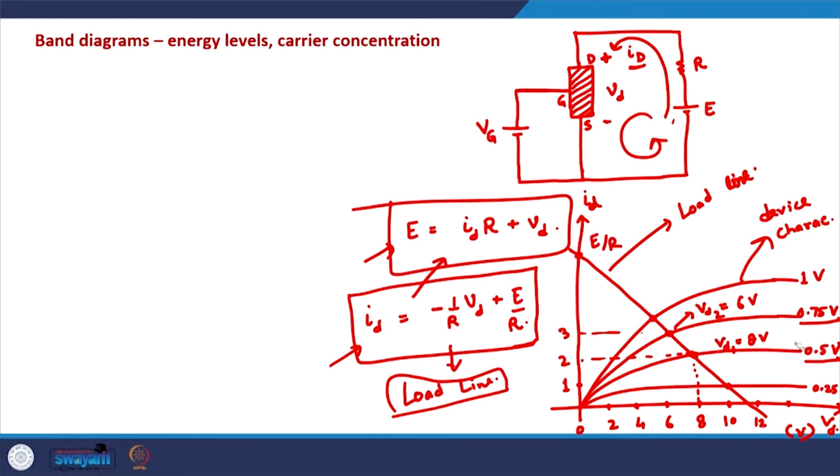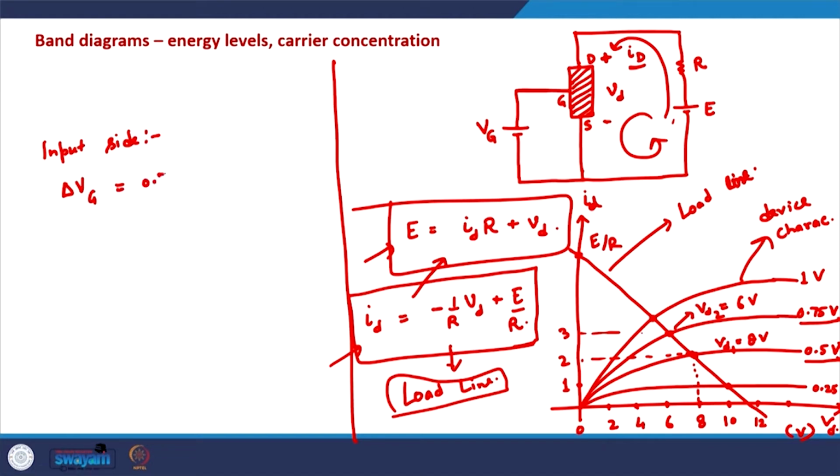So if we are changing the gate voltage from 0.5 volts to 0.75 volts, from this point to this point, it is changing the drain voltage from the value of 8 volts to 6 volts. So it means that on the input side, the gate voltage is being changed from 0.5 to 0.75.